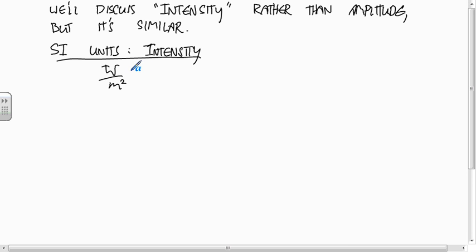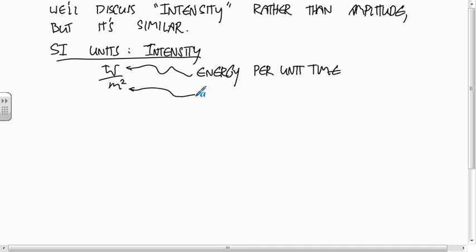The watts is a measure of energy per unit time, and the meters squared is a measure of area. So basically this is a measure of how much energy you're getting at a single unit of area. Say the part of your ear that lets you hear noises is some little unit of area. This is a measure of how much energy your ear is getting. Okay.